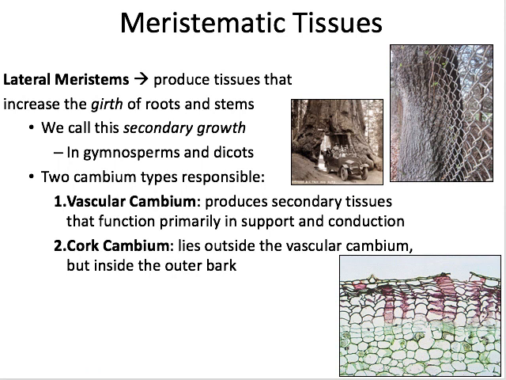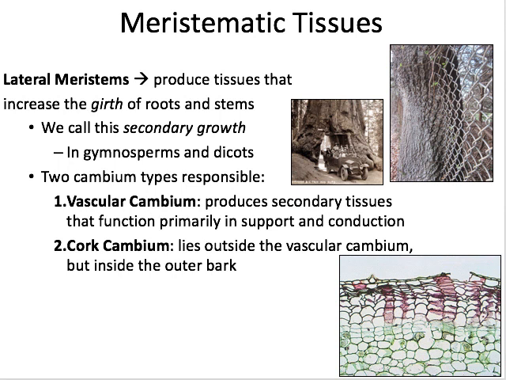Our next type of meristematic tissue is the lateral meristems, and these produce the tissues that increase the diameter or the girth of roots and stems. We often refer to this as secondary growth. This is what we see in woody plants, such as gymnosperms like pine trees and dicots like oak trees.